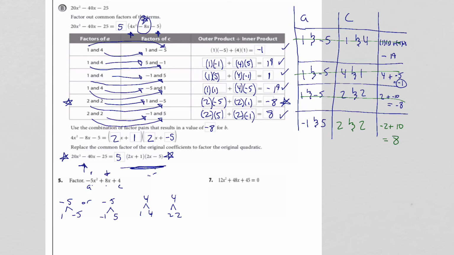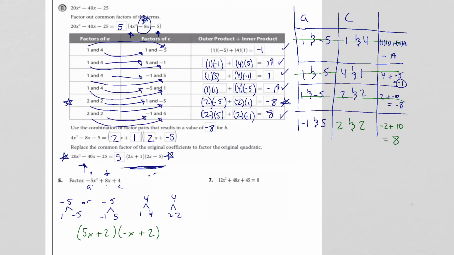So this is our factor combination. So this is going to factor into, I'm going to list the 5 first, 5x and a minus x, and then we went with +2, +2.